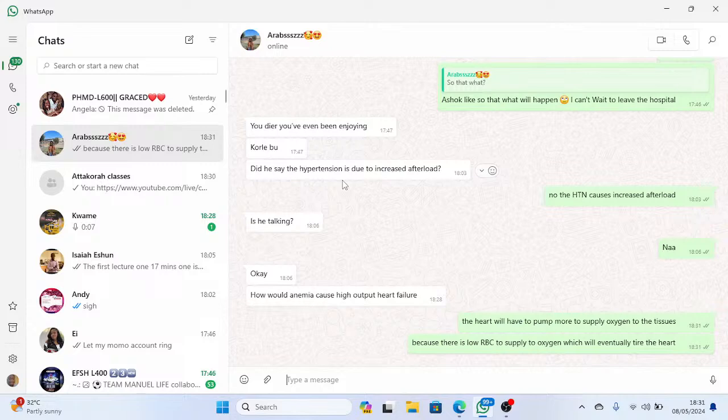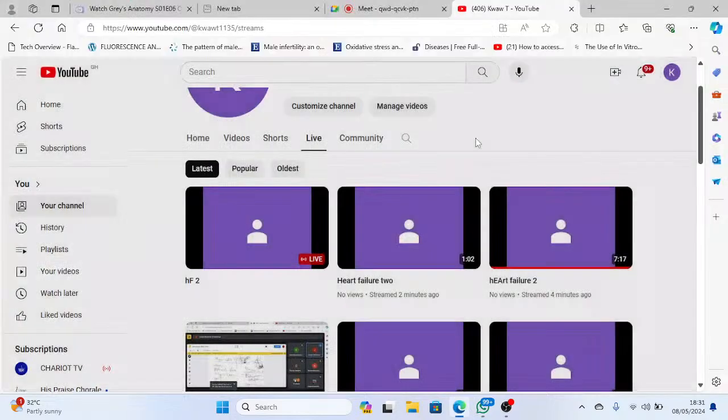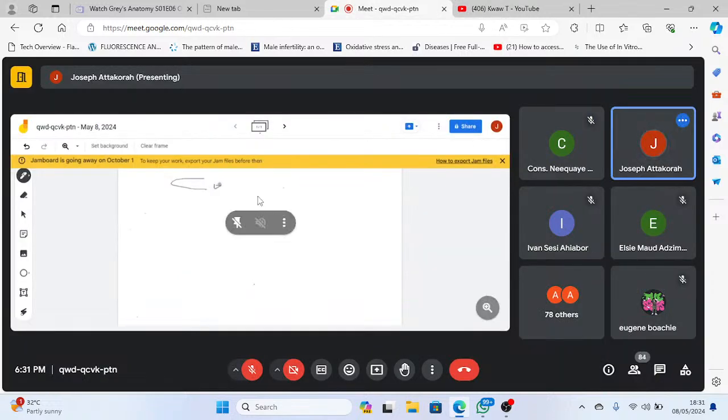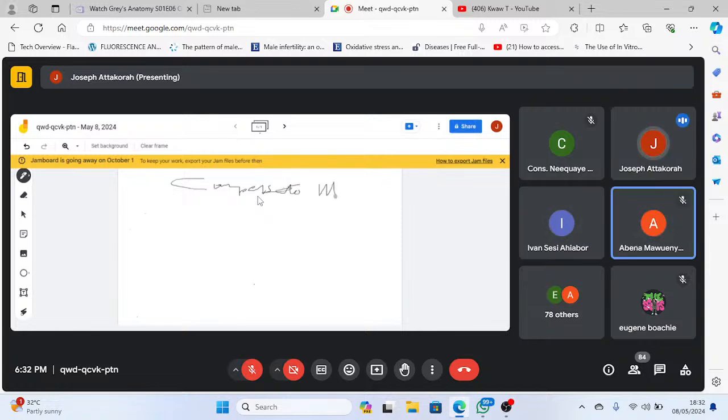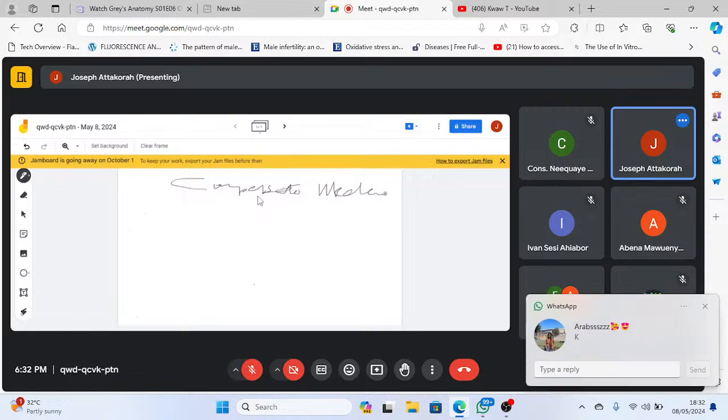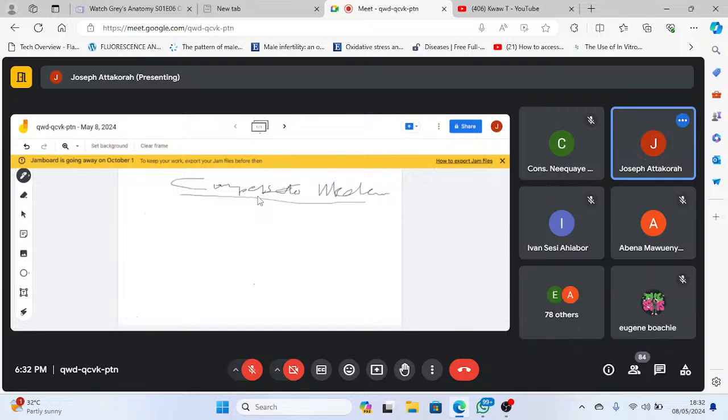Okay, so let's quickly do the compensatory mechanisms. When the heart is failing, what are some of the compensatory mechanisms that will try to hold the failing heart?